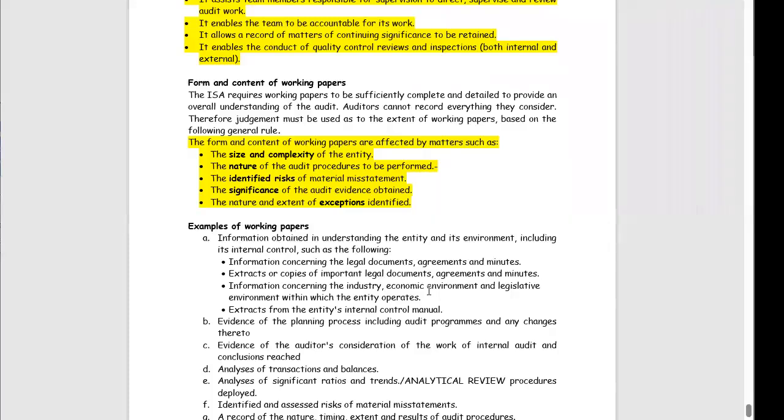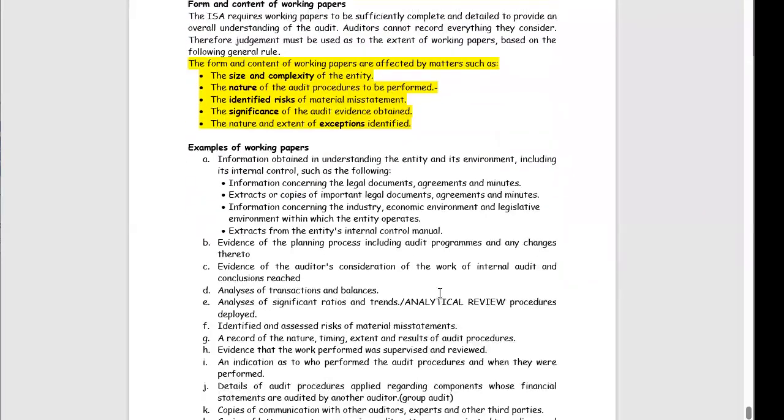The form and content of the working papers are affected by matters such as, one, the size and complexity of the entity. Yes, if the entity is bigger, it's quite complex. A lot of work will have to be undertaken. And that means that auditors have to increase the sample size, increase the substantive procedures to be undertaken, hence maybe more of the working papers shall be obtained.